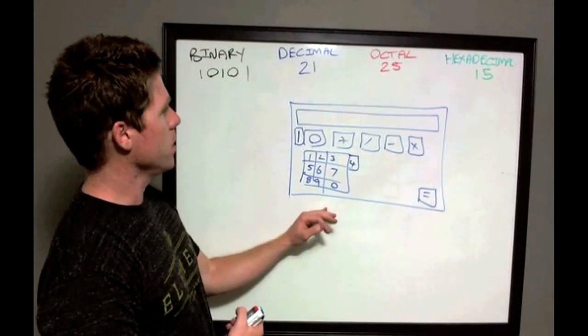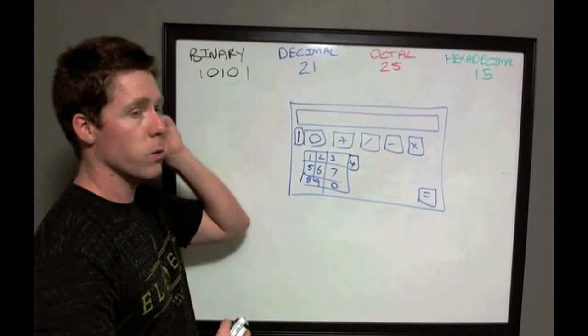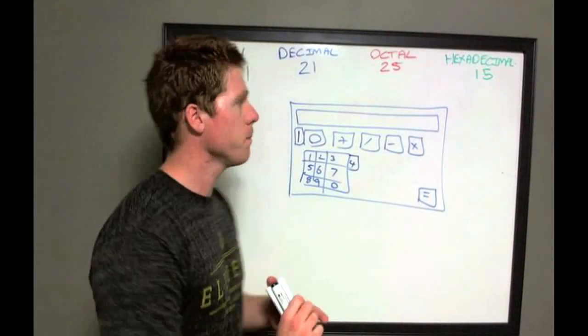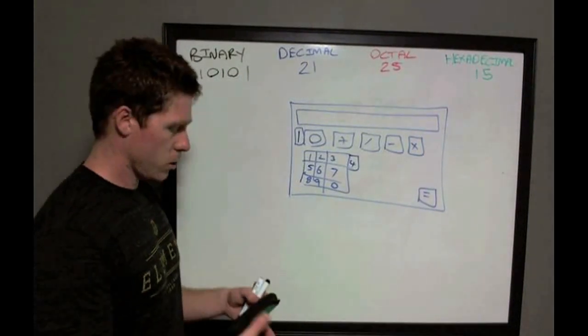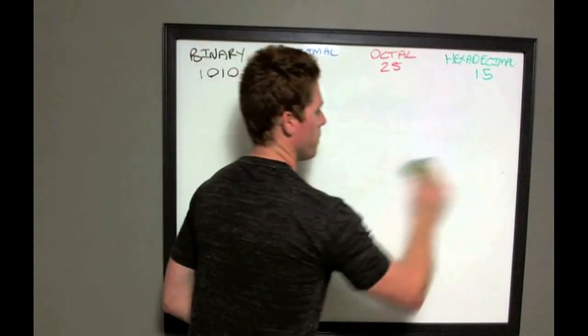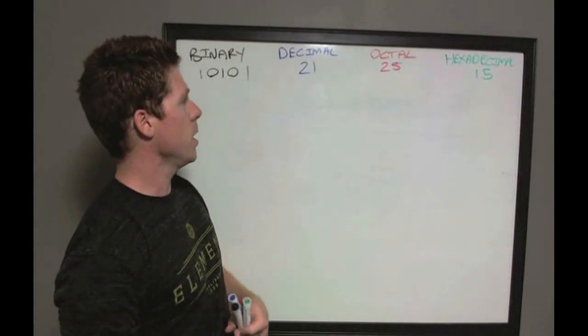So we can put our numbers in decimal. We want the answer in decimal, but the calculator will take care of the conversion to and from binary for us. So, much better than trying to use a binary calculator and then convert it all yourself. So number systems, very, very handy indeed.